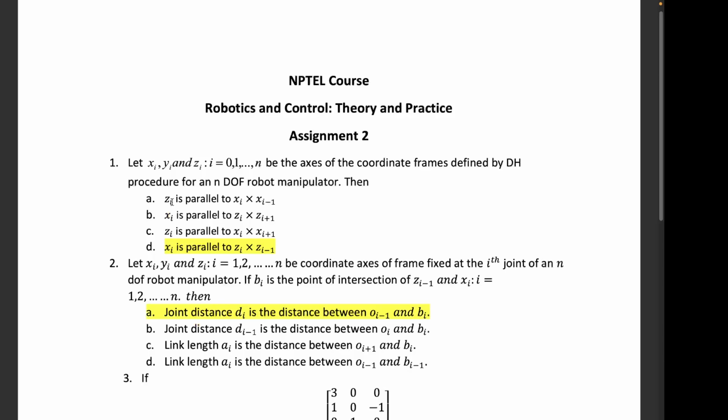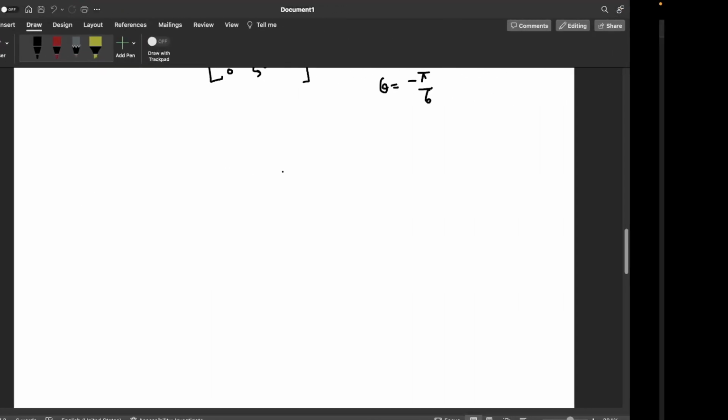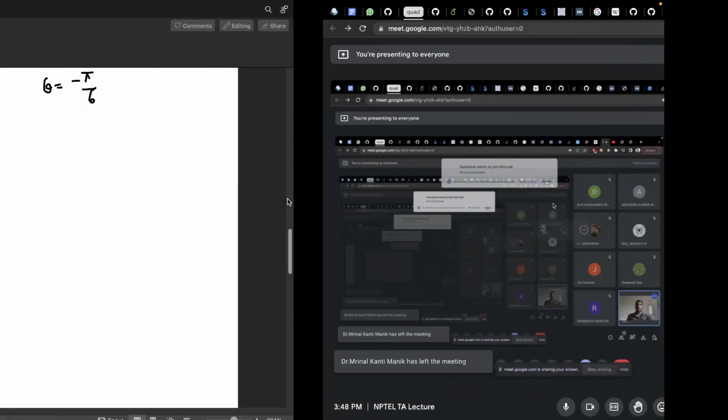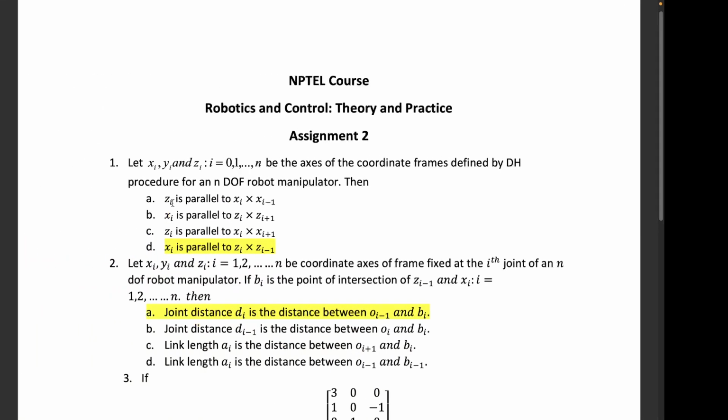Z_i denotes the axis of rotation or the axis of translation in case of prismatic joints, right?